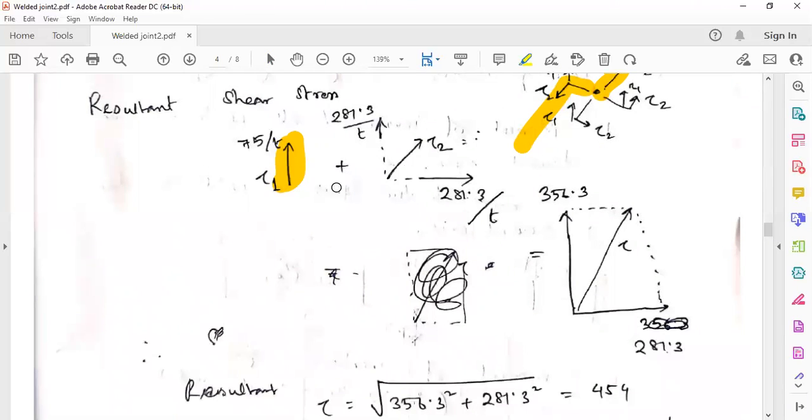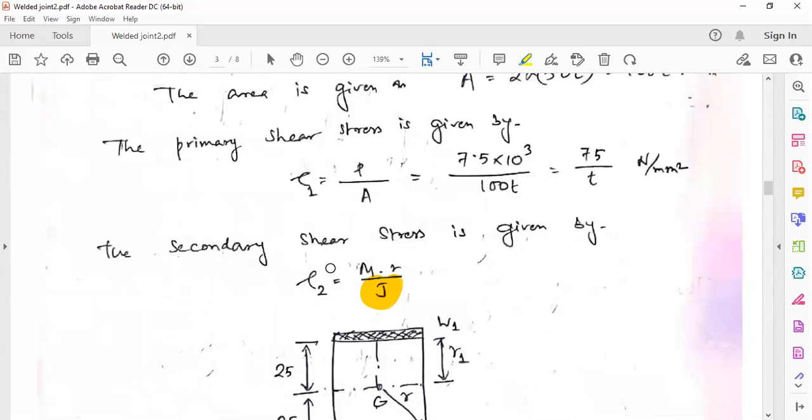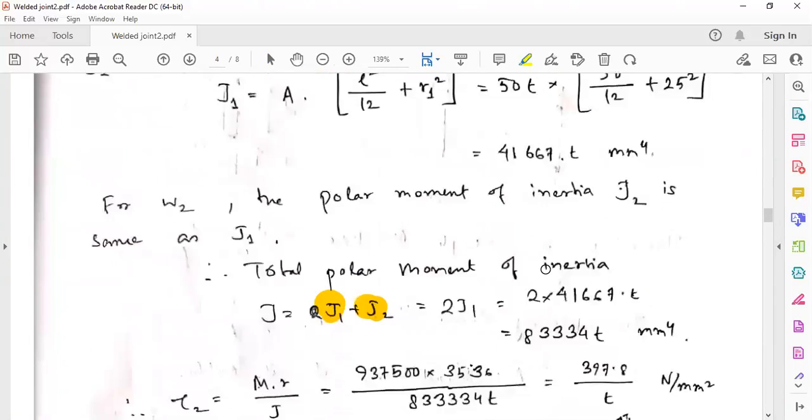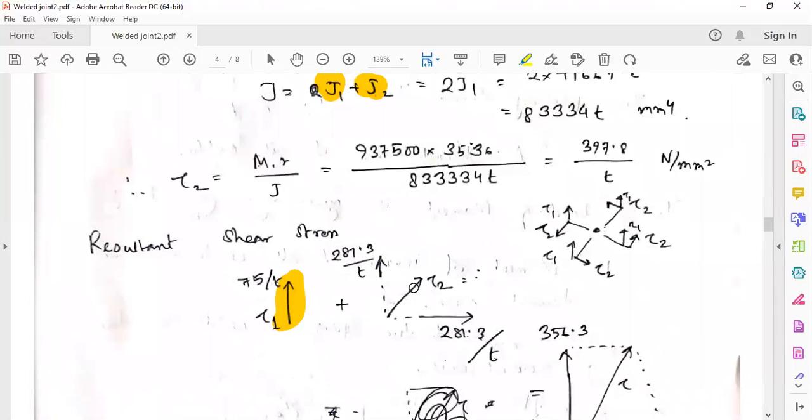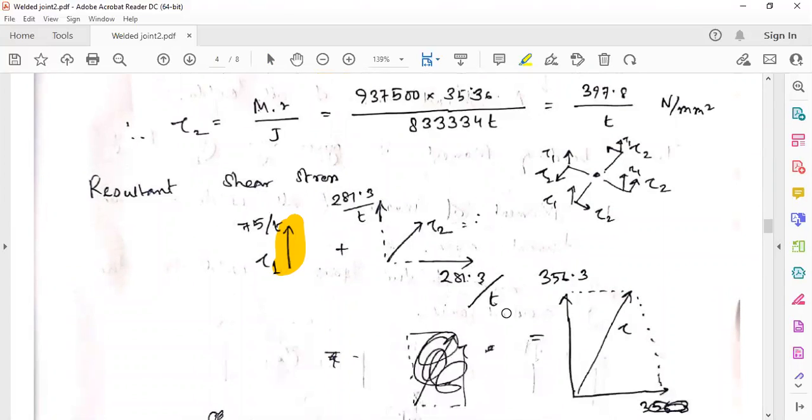Now say at one of the extreme points, let's say the topmost point to the right, we'll have this tau 1 in this direction. So we have 75 by t, we have found this here. And here you can see this is tau 2, which is 397.8 by t, which we can resolve. How did we resolve this?